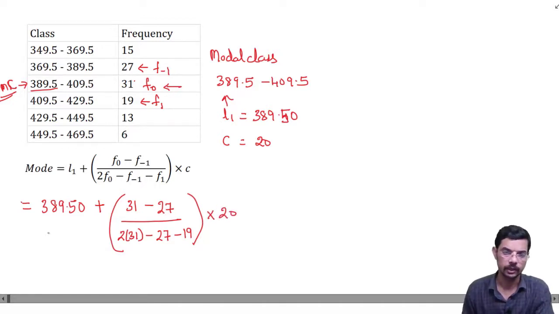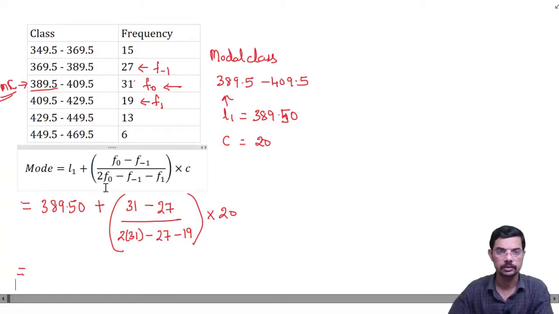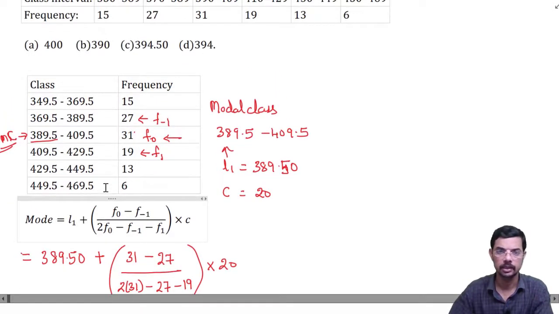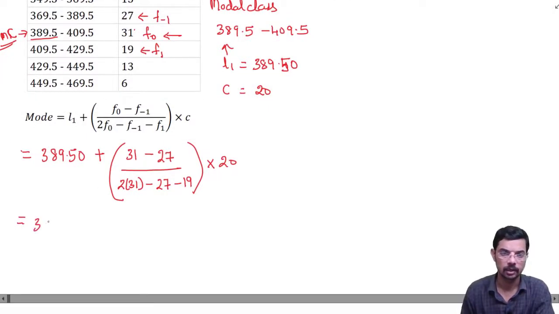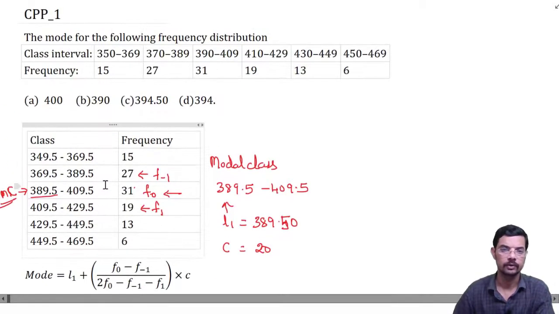Okay, C is 20. So when you calculate all these things, we get 394.50. This is the mode, and 394.50 is option C. So option C is the correct answer.